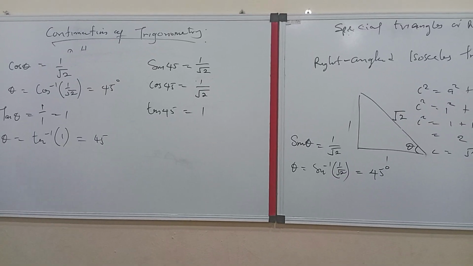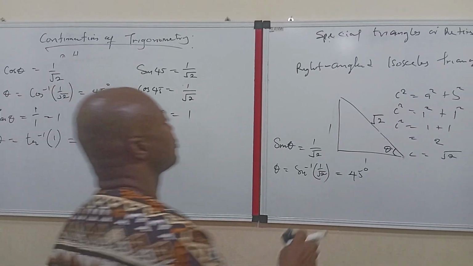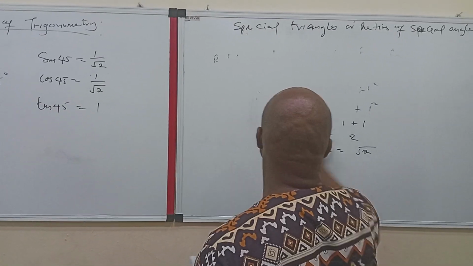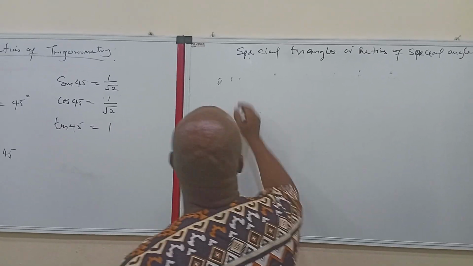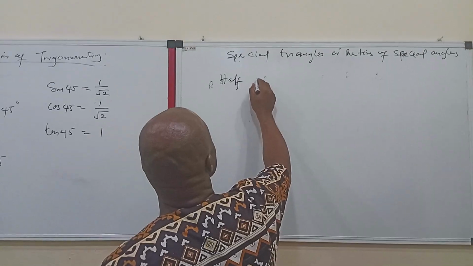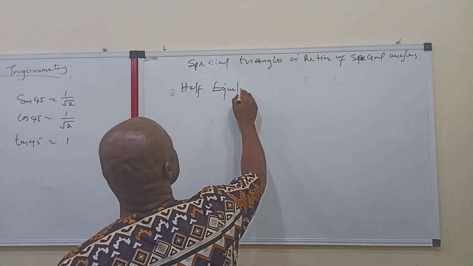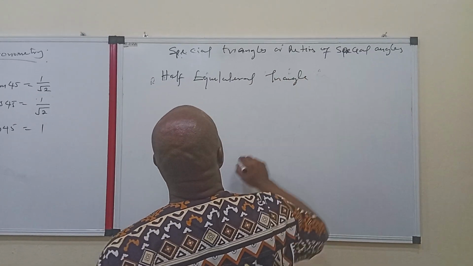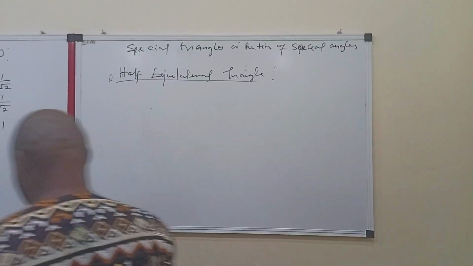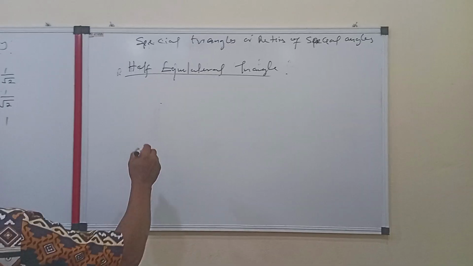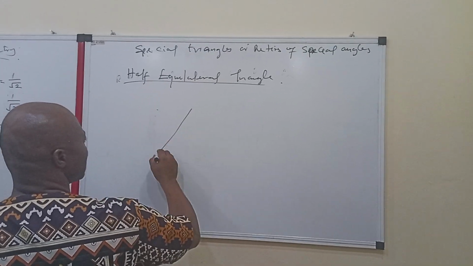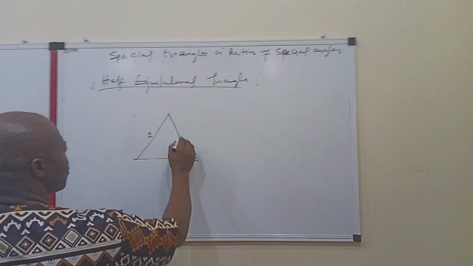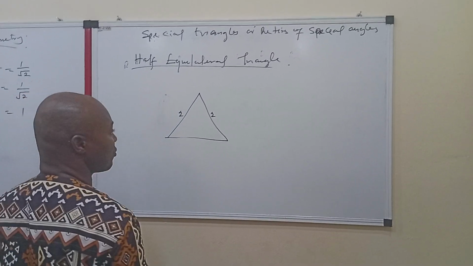An equilateral triangle means all sides are equal. If we assume that here is of magnitude 2, sorry, of magnitude 2.